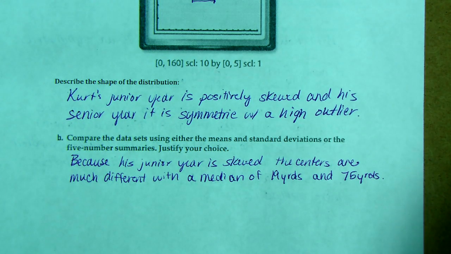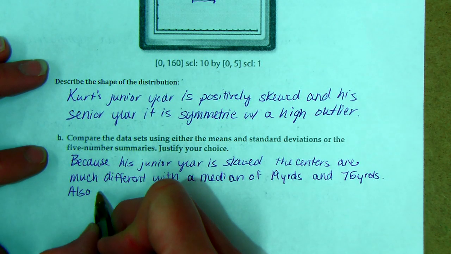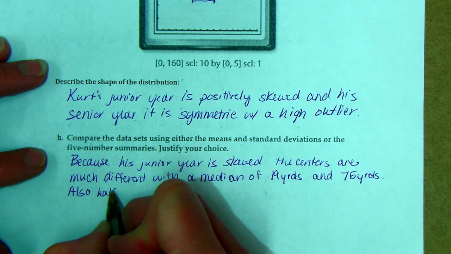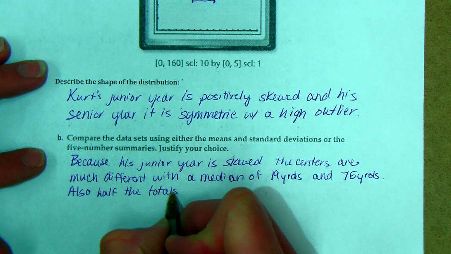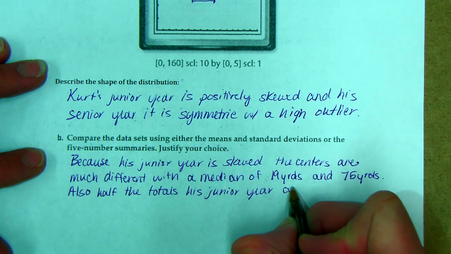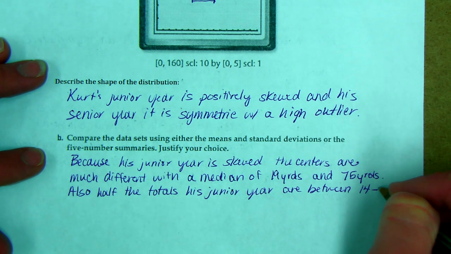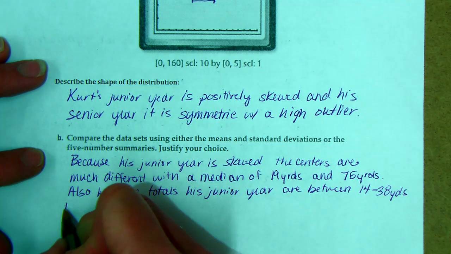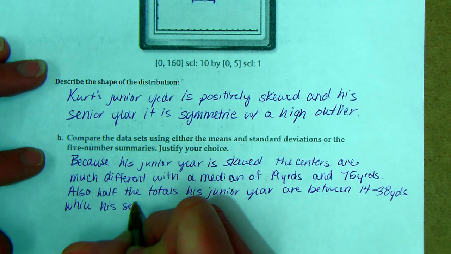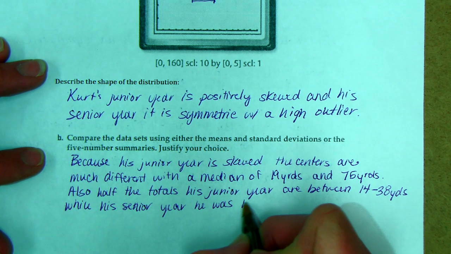Also, half the totals his junior year are between, and here's where I'm going to mention my quartiles, 14 to 38 yards, while his senior year, he was between 57 and 95 yards.